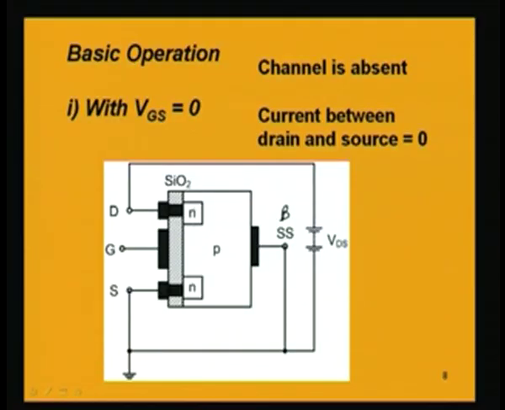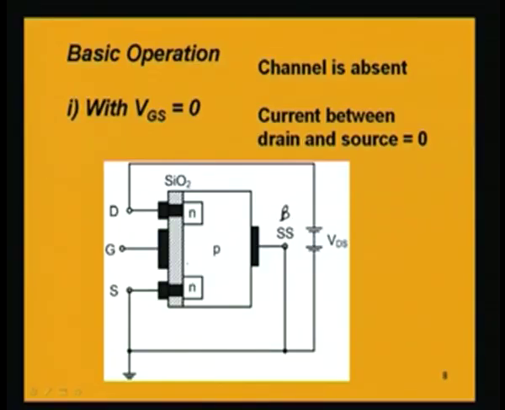Now, you have noted that these two regions or semiconductors are rich in electrons. These N type materials are rich in electrons. They have carriers which are electrons, so they have high concentrations of electrons.